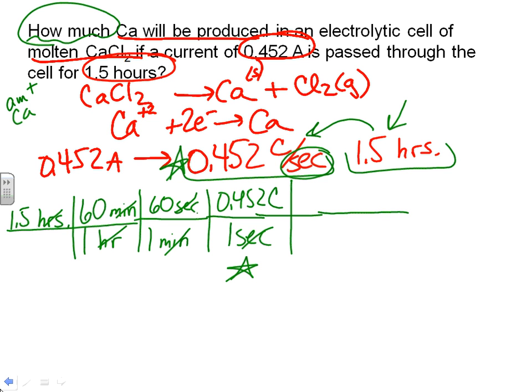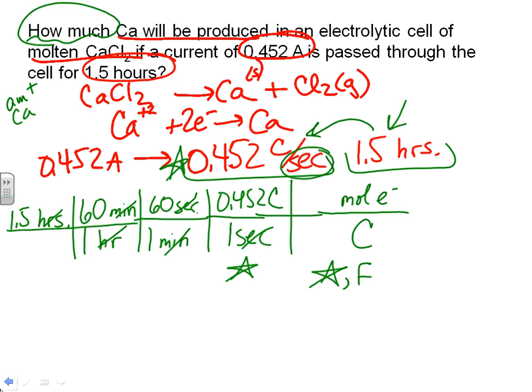Now, once you get coulombs, the next thing to do is to turn it into moles of electrons, because while coulombs don't relate to the calcium, electrons do. So you want to turn coulombs into electrons. So coulombs are going to be on the bottom, moles of electrons are on the top. And this step right here, coulombs to moles of electrons, that's Faraday's constant.